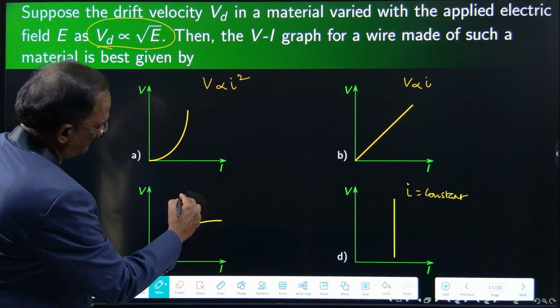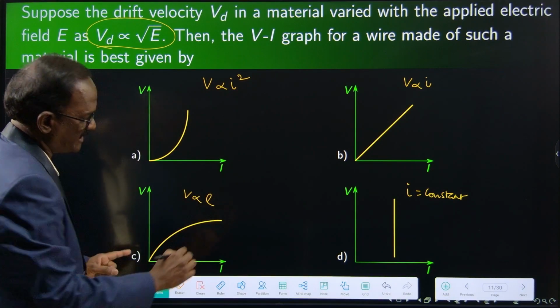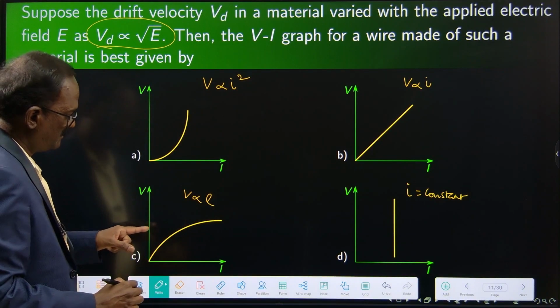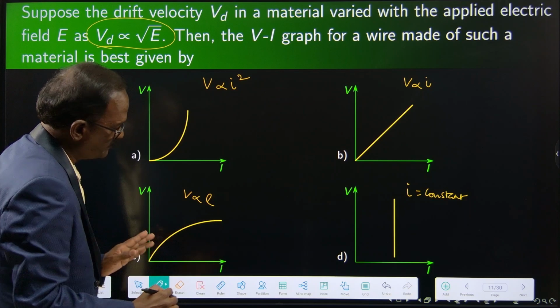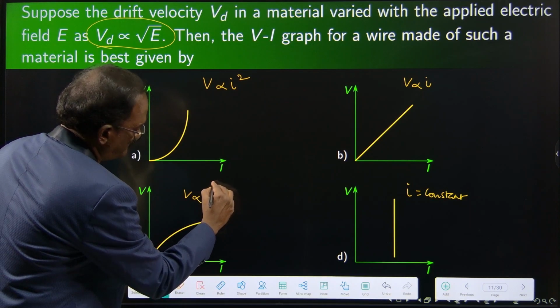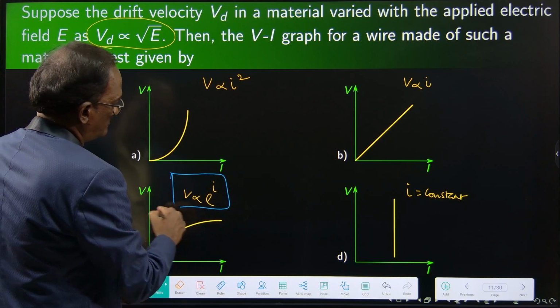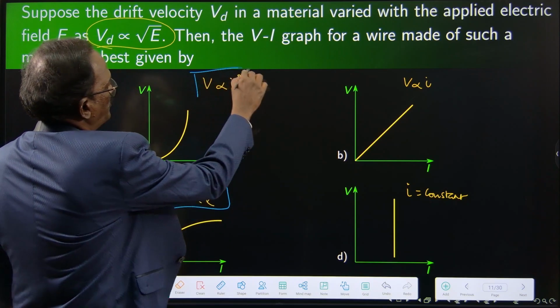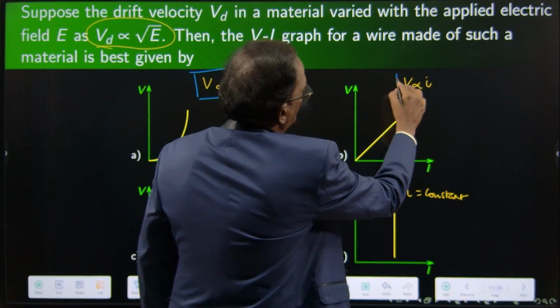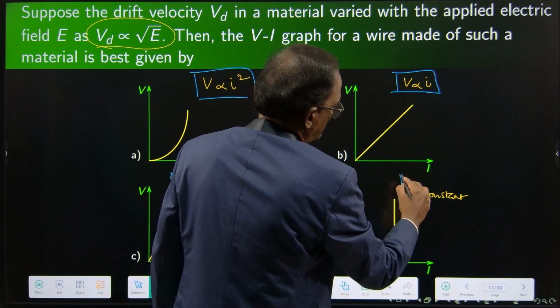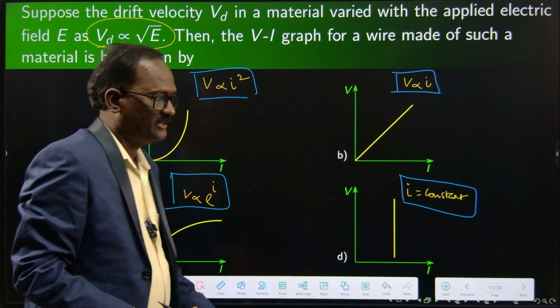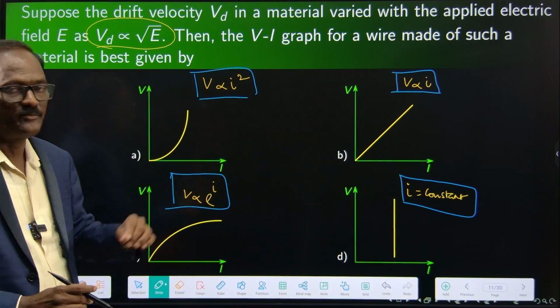Then this one is an exponential curve, V is proportional to e to the power I. So V is proportional to e^I, V is proportional to I square, V is proportional to I, V is equal to constant. Right, you know the equation for the shape of the curves.